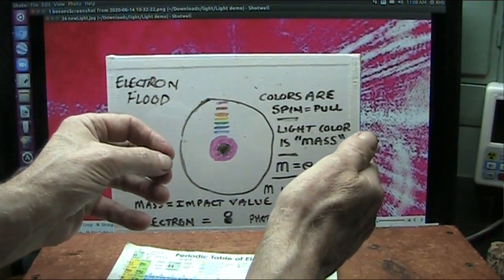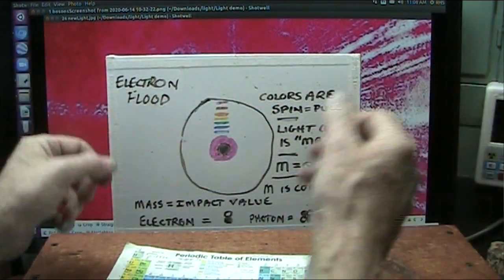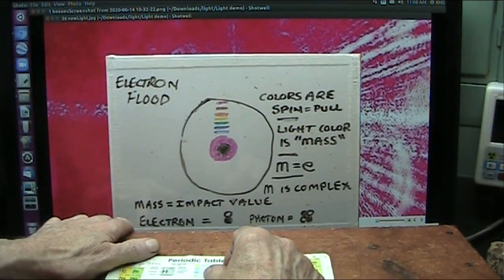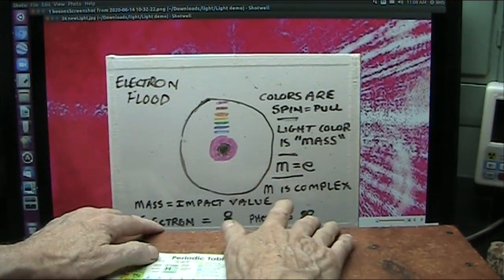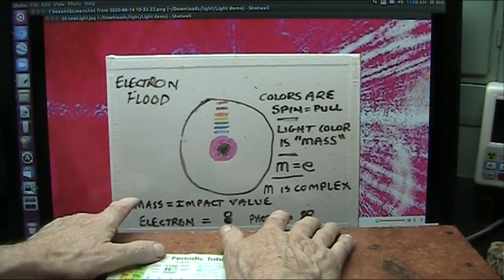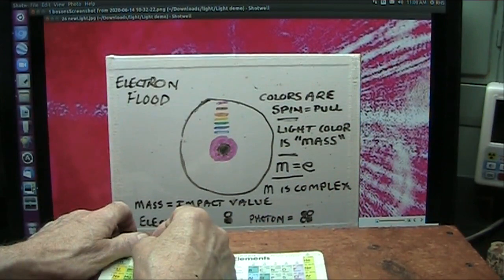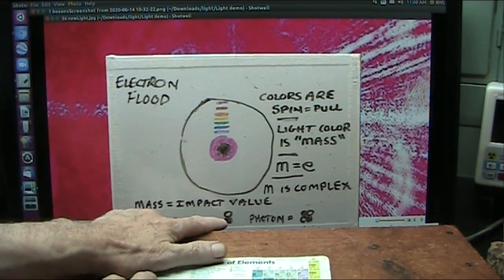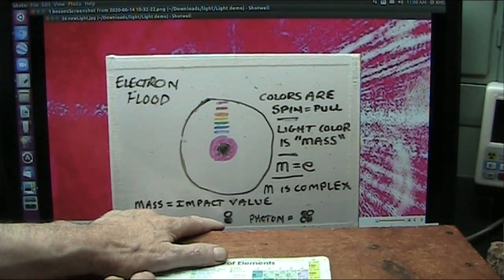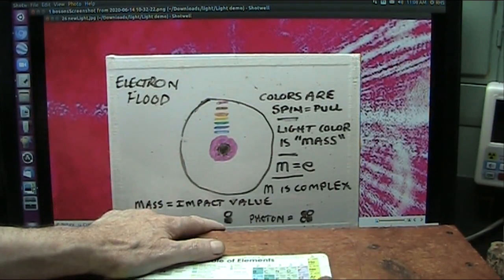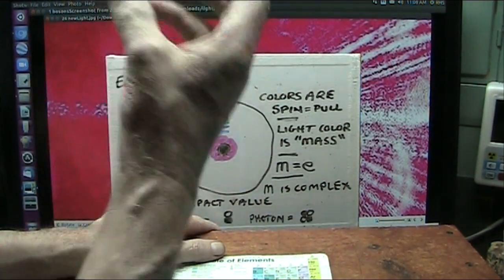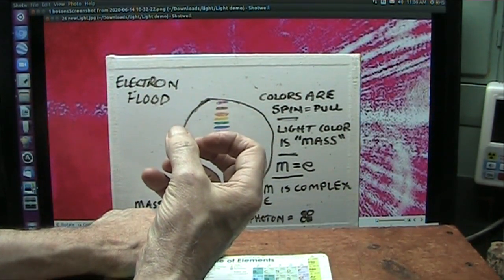Everything's flooded with electrons, so this has got to push those electrons out of the way. That's simple. Now, mass is the impact value, but it is complex. Mass is not just the weight of the particle, because they all basically weigh the same. Every electron has the same weight. And 1,839 of them make up a proton.